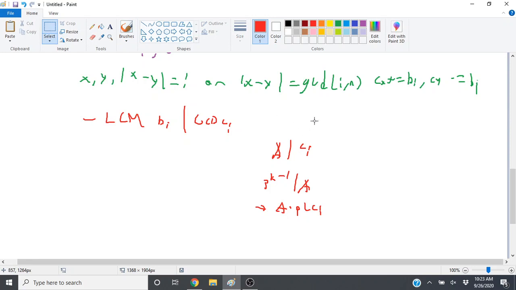And basically the way we do that is another clever trick. Given some value bi, we find some value bi such that bi divides the big bi.